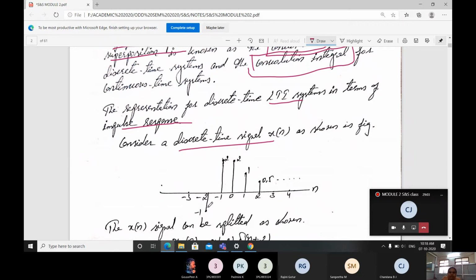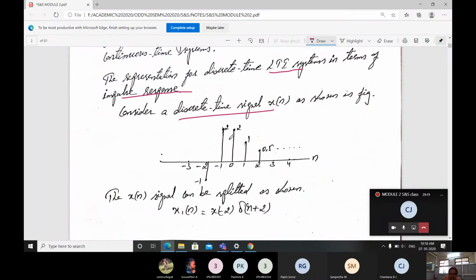It has samples at -2 with weight -1, at -1 as 2, at 0 as 2, at 1 as 1, and at 2 as 2.5. This signal is going to be represented in terms of the delta of n function. This is in terms of discrete, for that reason it's taken as n here. The x of n signal can be shifted as shown.